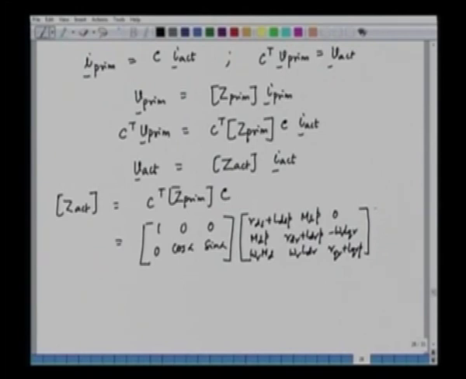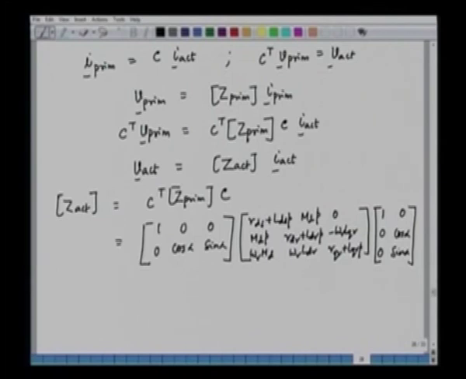And then we can post multiply with C, that is 1 0 0, cos alpha 0 sin alpha. So this is what is Z actual.